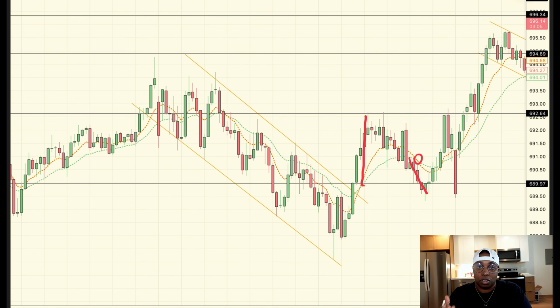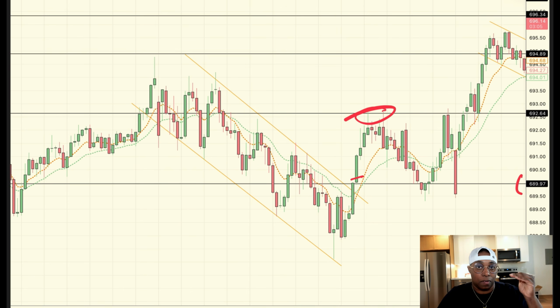You never know how long it's going to go down for or go up for, so you want to be quick on your feet. Make sure you're reacting to what you're seeing on your charts and having a clear target, okay? And so right here where I have this black line, it's actually a bit off. I got in at 690.17 on this trade, which is on this candle, and I got out on my target up here.